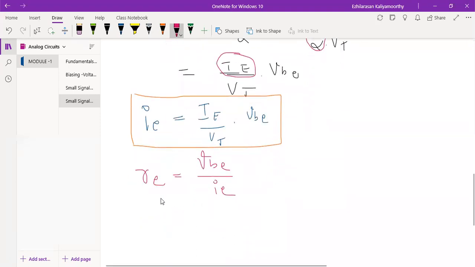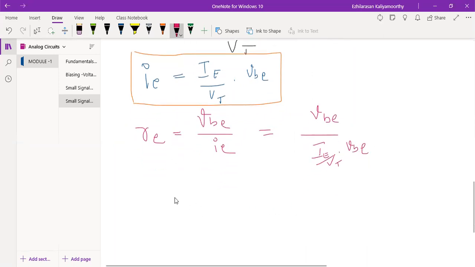We already know the emitter current, so just substitute it into this expression: VBE divided by IE by VT into VBE. The VBE gets cancelled, then RE becomes VT by IE.